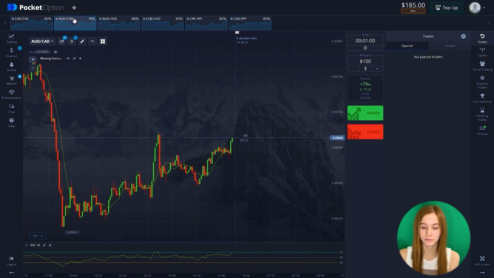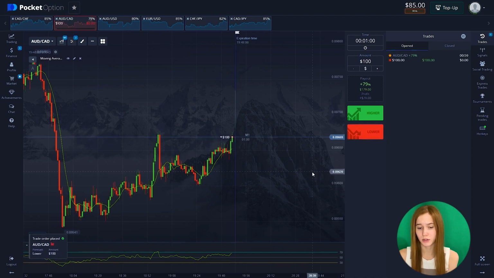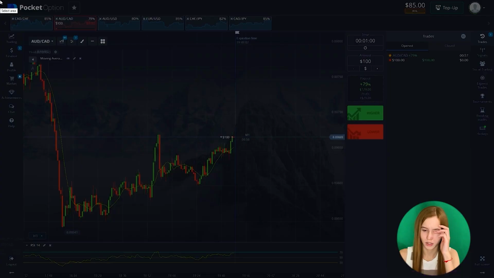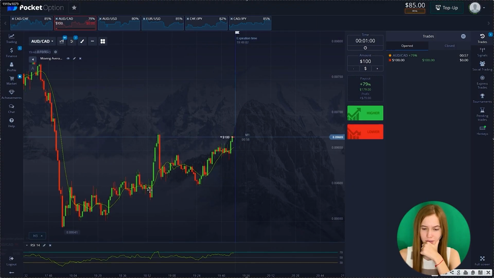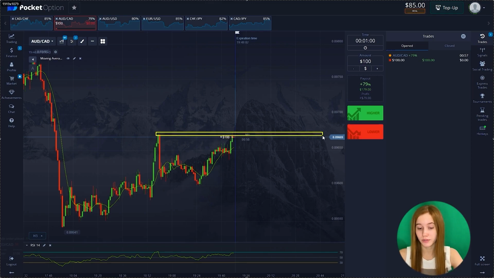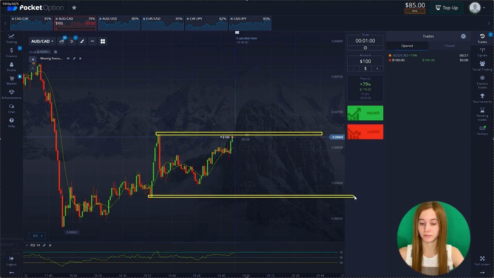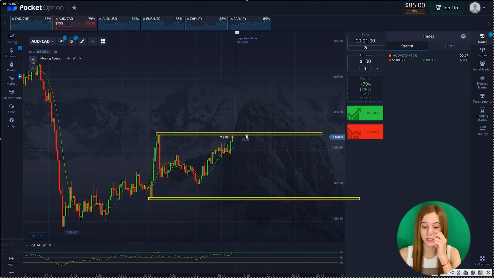Here we open down, and we start our technical analysis. What we see here by technical analysis: we see a resistance area and a support area. We reached the resistance area, a shadow from above. I think there will be a pullback.